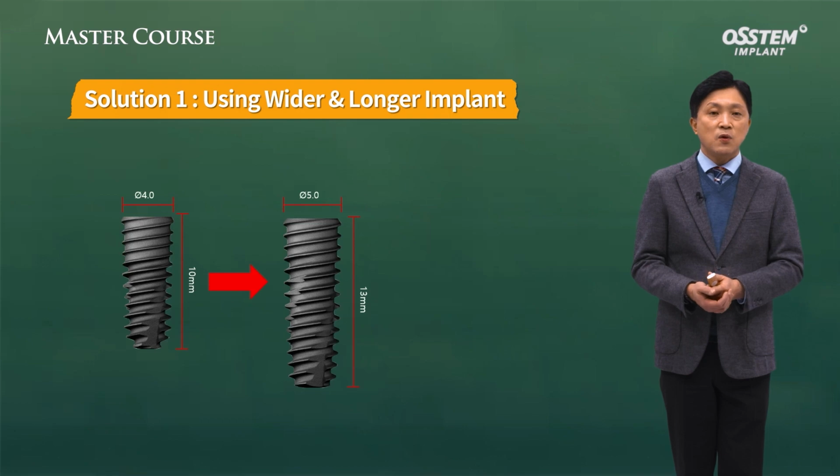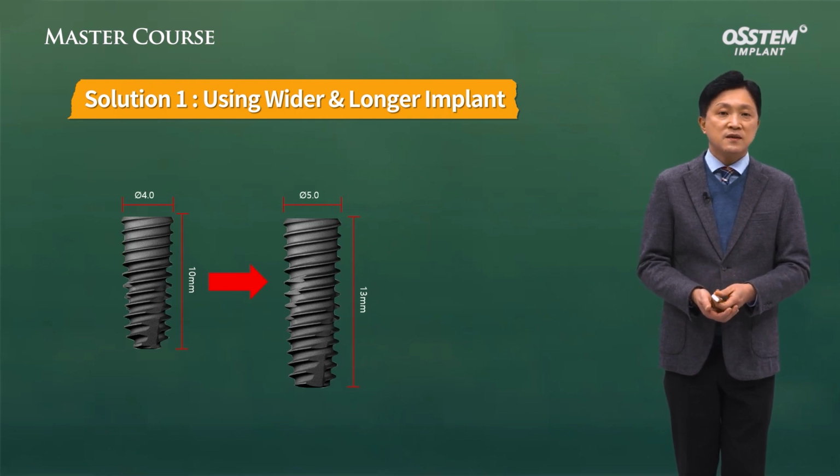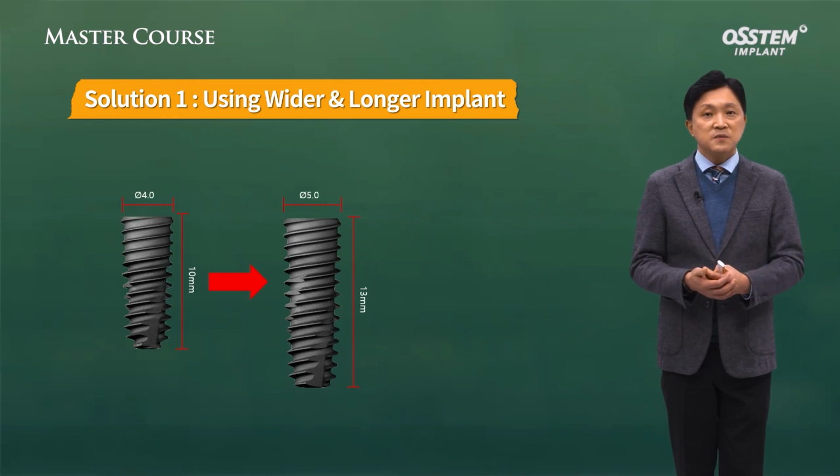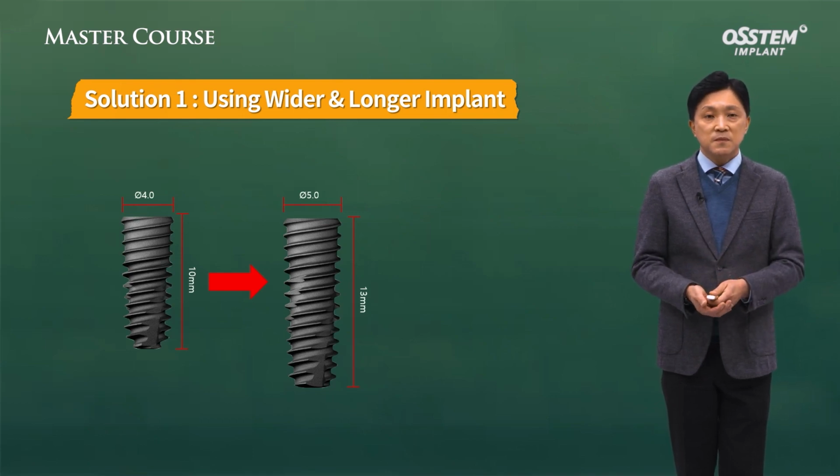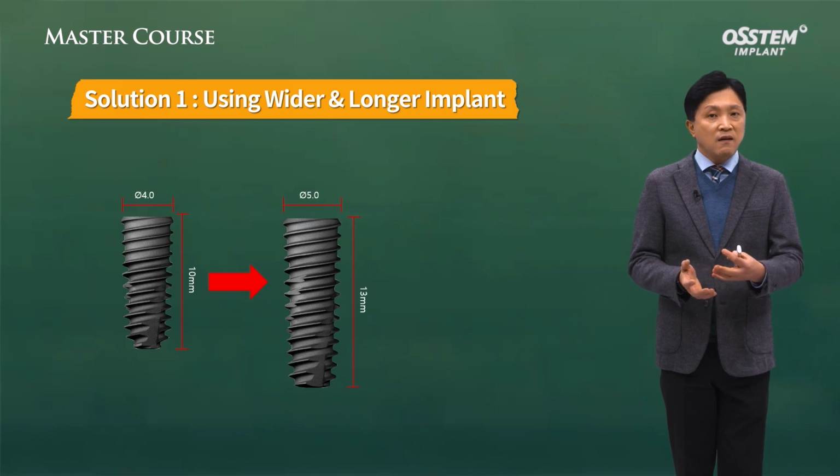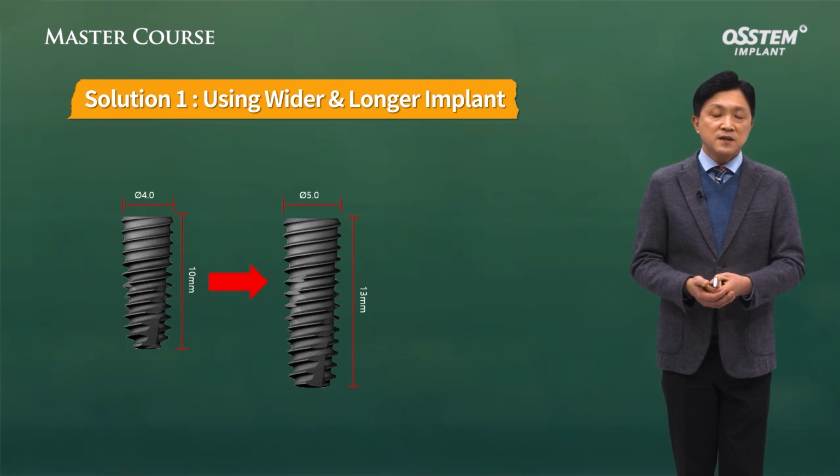The basal bone cannot be penetrated into, and the implant spins and comes back up. We need to do additional drilling when we place a long implant.